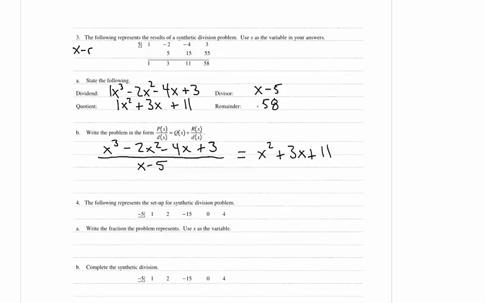So we have 58, and it's positive, so we're going to have plus 58 divided by the divisor x minus 5.